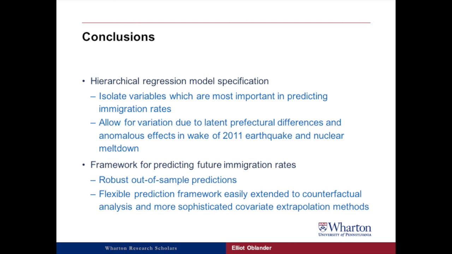Through this, we've been able to isolate variables which are most important in predicting immigration rates between regions of Japan, and we've also allowed for variation due to latent differences between prefectures, as well as anomalous effects after the 2011 earthquake and nuclear meltdown. We've also provided a framework for predicting future immigration rates, and our predictions are seen to have robust accuracy. And the framework is very flexible, which also allows us to extend to counterfactual analysis and more sophisticated methods for extrapolating the future values of covariates.